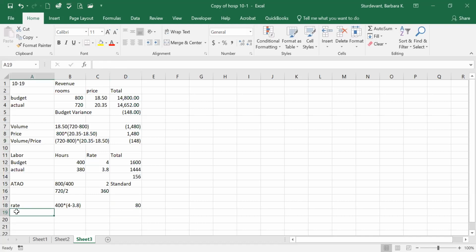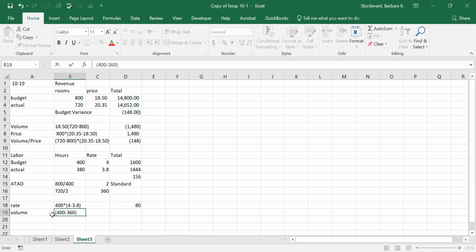Let's go to our volume variance. And with this one, in the parentheses, it's going to be our ATAO, which is 360. Our 400 goes first minus the 360. Okay, so our volume, that would be our hours in this case.